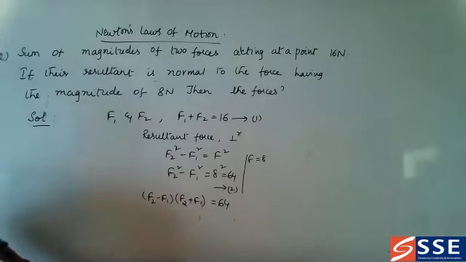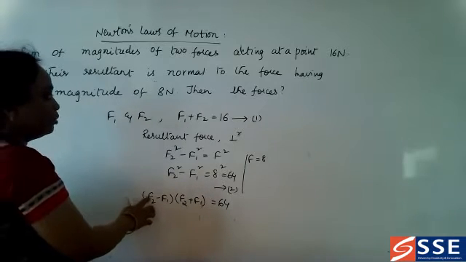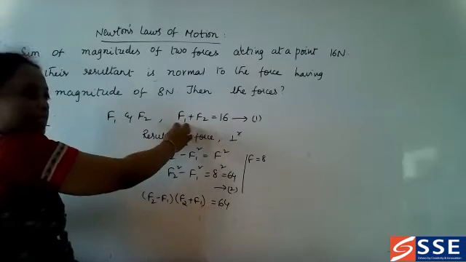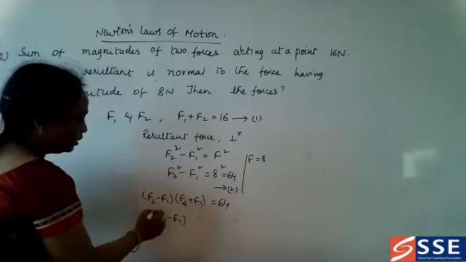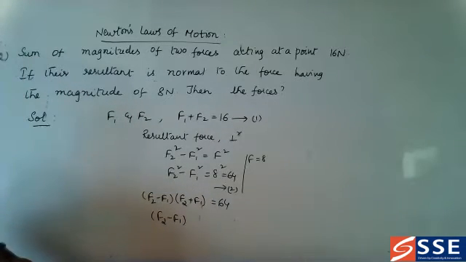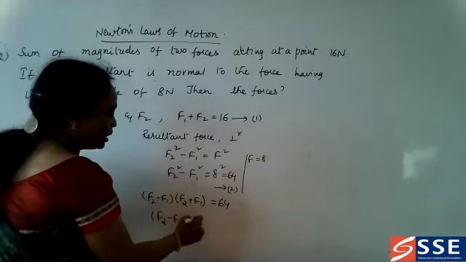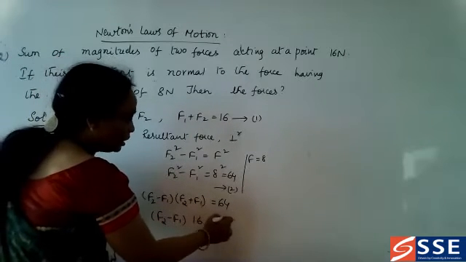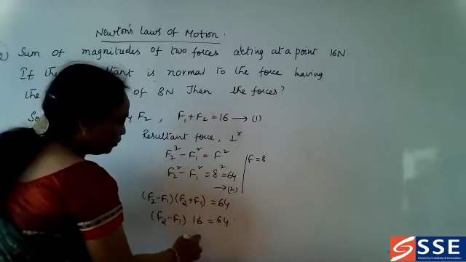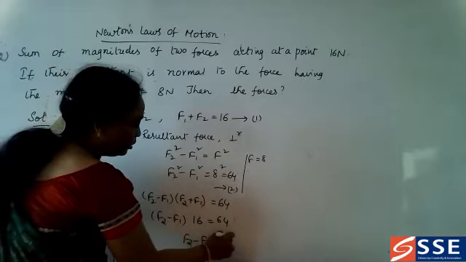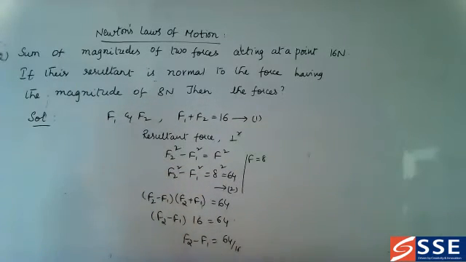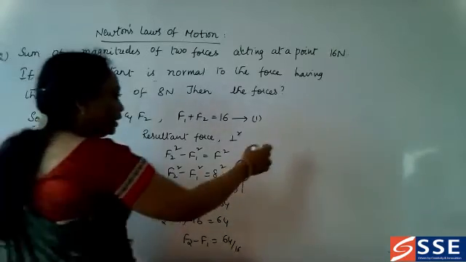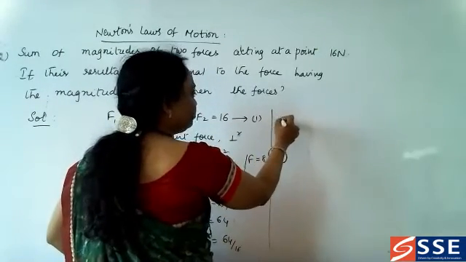We can substitute F1 plus F2 as 16, which is equal to 64, so F2 minus F1 is equal to 64 by 16. So after cancellation we can get F2 minus F1.